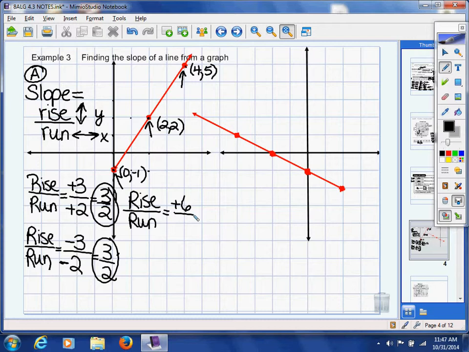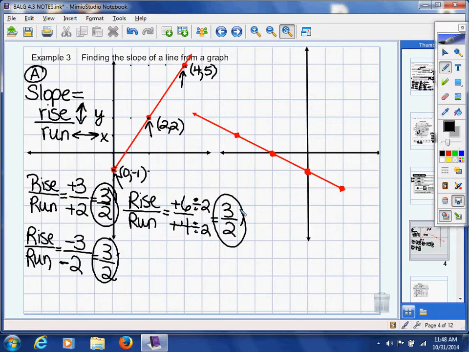So let's count over. 1, 2, 3, 4. So I went right 4. Now I have a fraction, 6 over 4, both are positive, but let's reduce it. What number will reduce both 6 and 4? If you said 2, you're exactly right. And oh, look at that. What did we just discover?